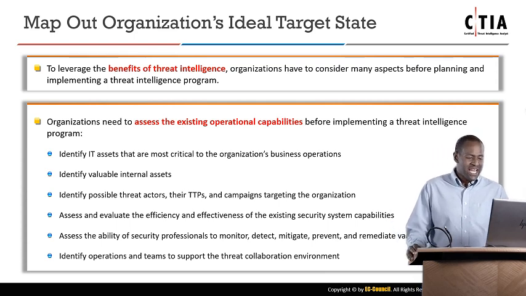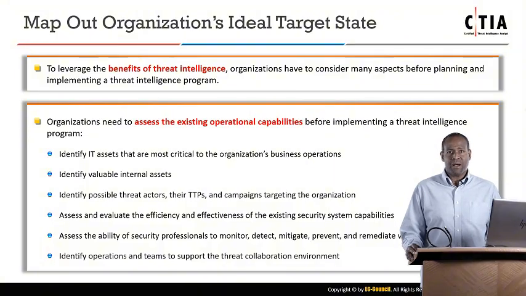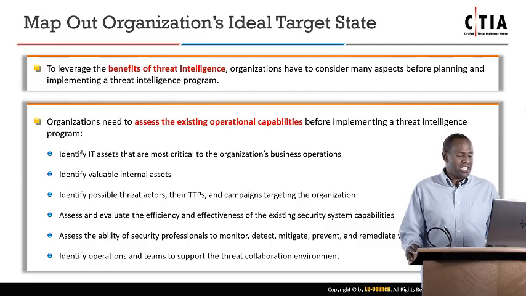So we need to assess the existing operational capabilities. We want to look at IT assets that are most critical. We talked about an assessment in that area in the last module. We need to identify the valuable internal assets, identify possible threat actors, their TTPs, campaigns that might target our organization.